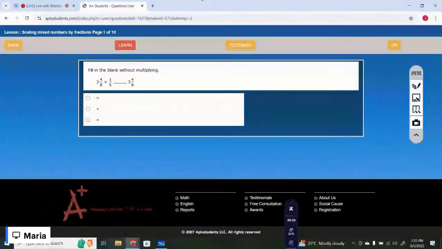So 1 by 5 is less than 1. So multiplying by a fraction that is smaller than 1 makes the other fraction even smaller. So 3 whole 4 by 8 times 1 by 5 is smaller than 3 whole 4 by 8.